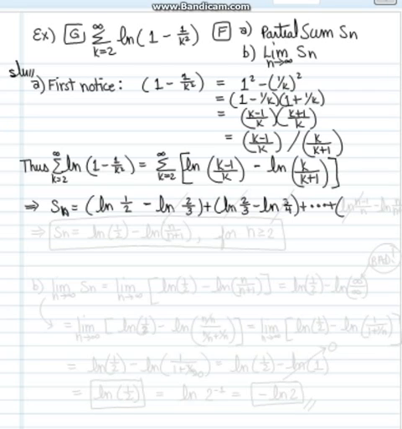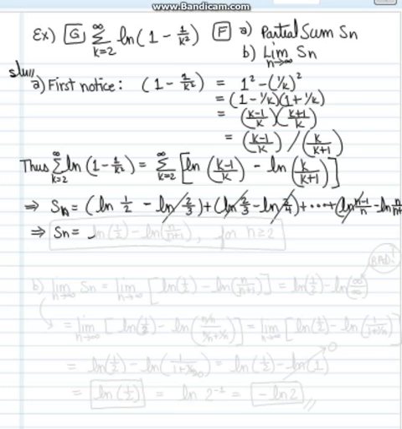We have the natural log of n minus 1 over n, minus the natural log of n over n plus 1. And you'll see that this is a telescoping series now. We have cancellation of all these inner terms, and it turns out that S sub n simplifies when it collapses telescopically.